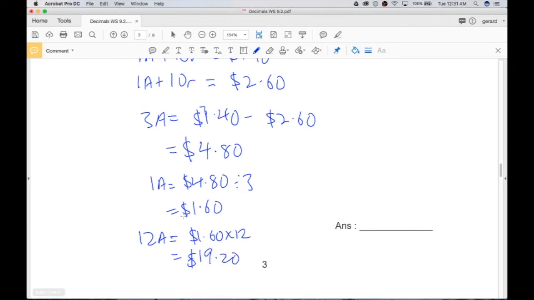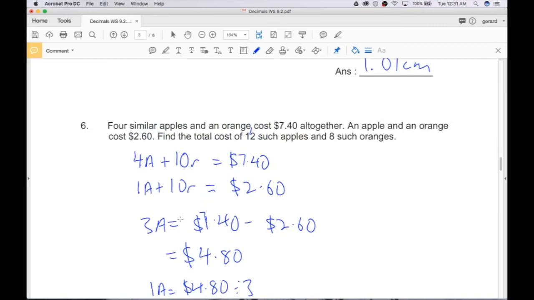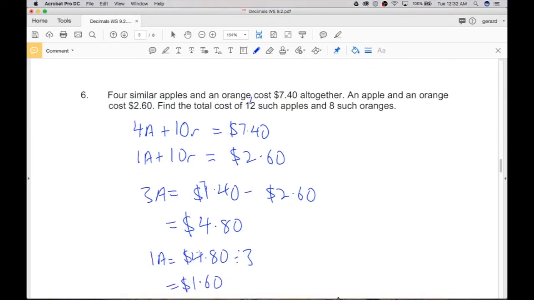Okay, so now we know what 12 apples cost. Now let's work on the oranges. We know that 1 apple is $1.60. So we can find the cost of 1 orange: $2.60 from here, 1 apple plus 1 orange, minus the cost of 1 apple, which is $1.60.